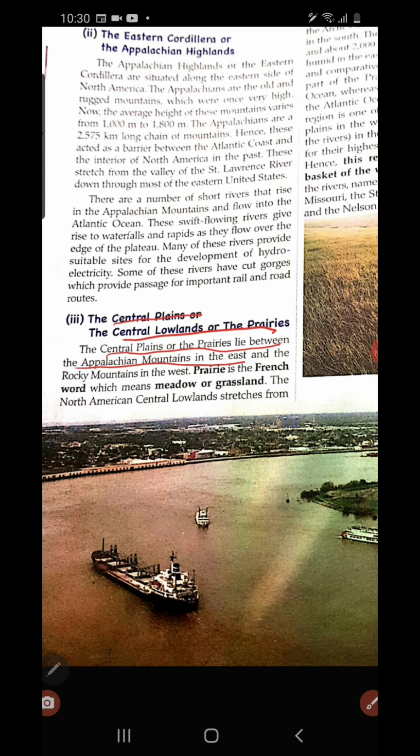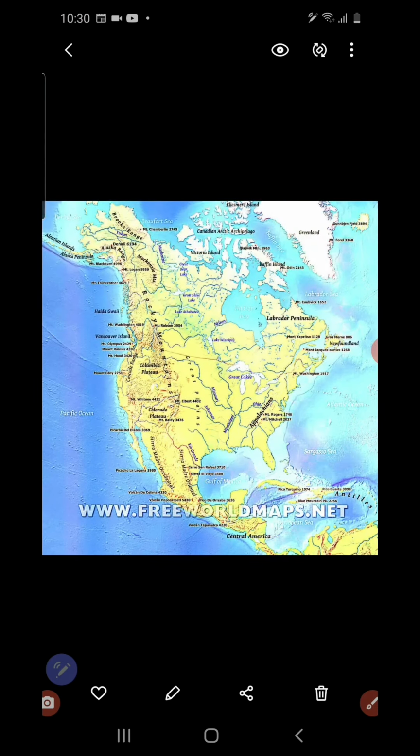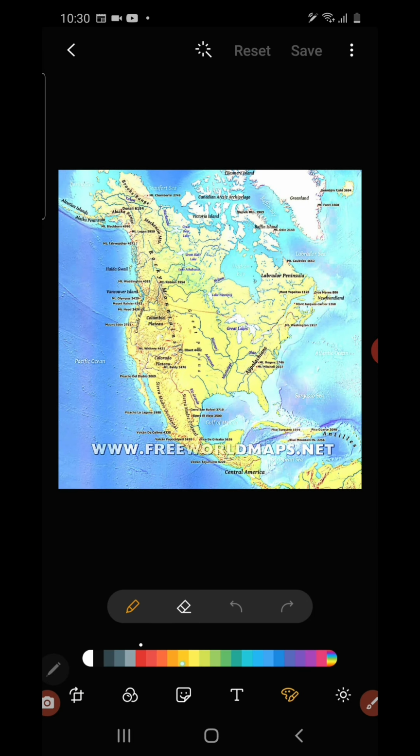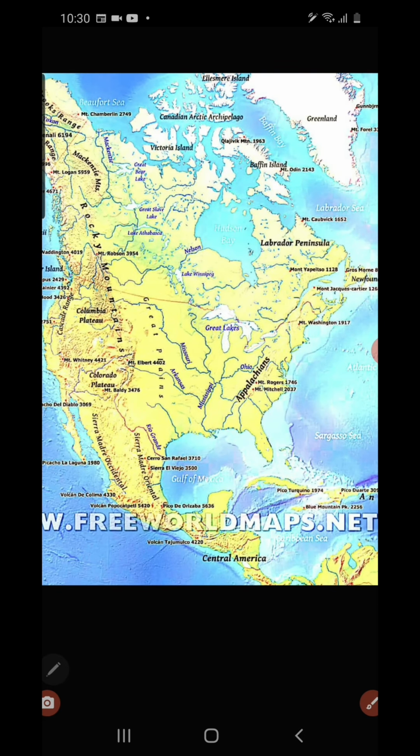The Prairie is lying in the middle of the Rocky Mountains and the Appalachian Mountain. You see, here is the Rocky Mountain and here is the Appalachian Mountain, and the Prairie is lying in the middle. This is the Central Plains or Central Lowlands or Prairie.